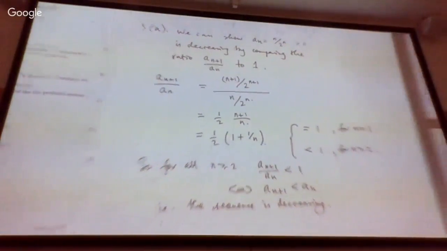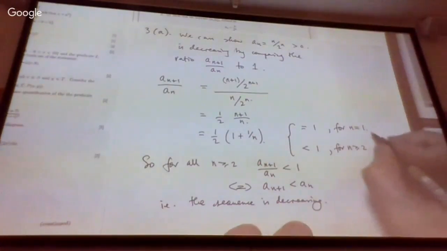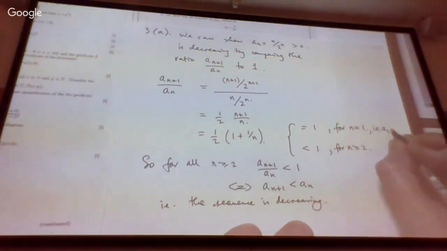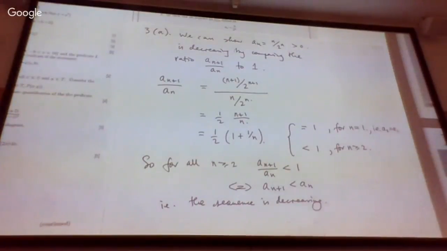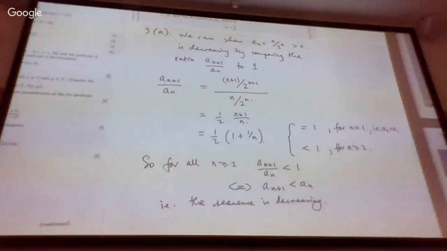Is that clear? So here, A2 is equal to A1, but after that, the sequence is a decreasing sequence. So we should call this a decreasing sequence.